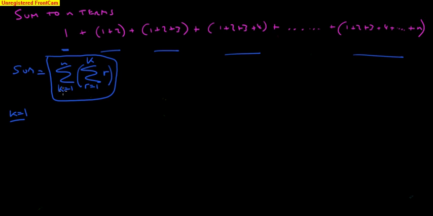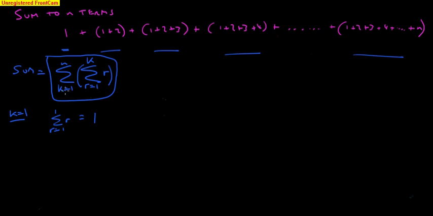If k equals 1, then r goes from 1 to k, so r goes from 1 to 1. So we're going to get the first one when k equals 1: the sum of r equals 1 to 1 of r, which of course is just 1. There's no more to add on.